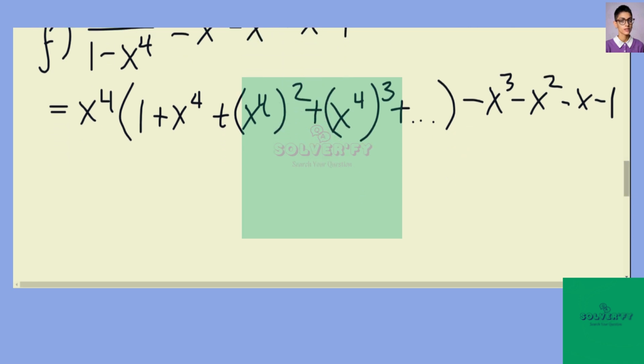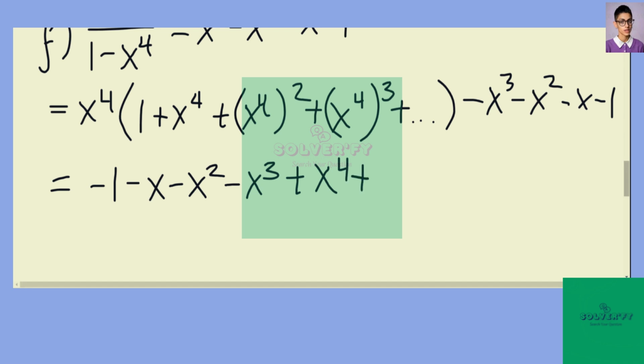And this is going to be equal to negative 1 minus x squared minus x cubed plus x to the 4th plus x to the 8th plus x to the, and this 2 times 4 is 8 plus 4 is 12, plus x to the 16th and so on.